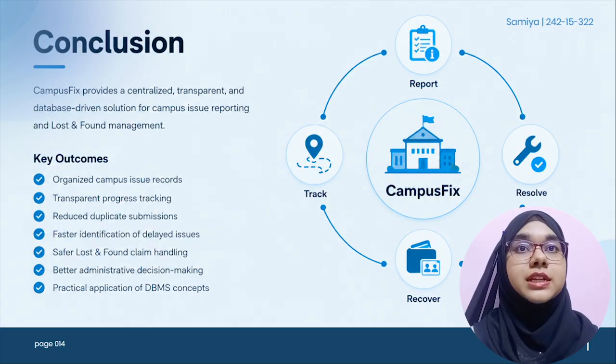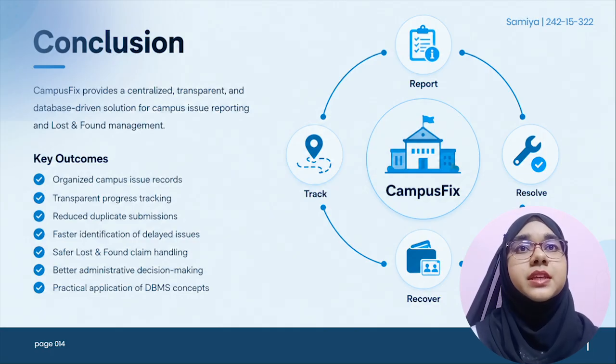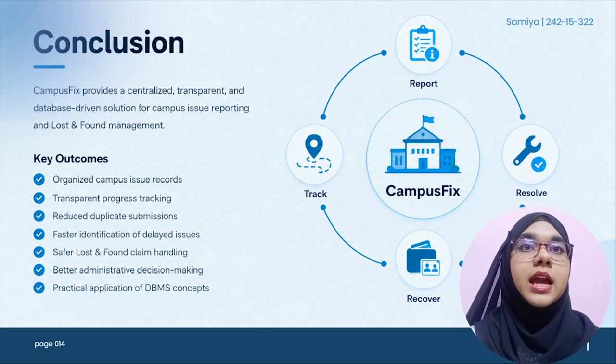Finally, I would like to conclude our presentation. Our project helped keep campus issue records organized, allows users to track their reports, reduces duplicate submissions, identifies delayed issues more quickly, and makes lost and found claims smoother.